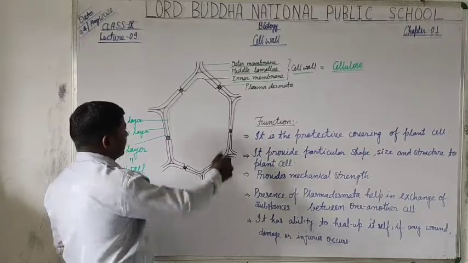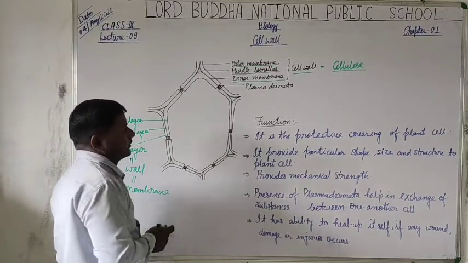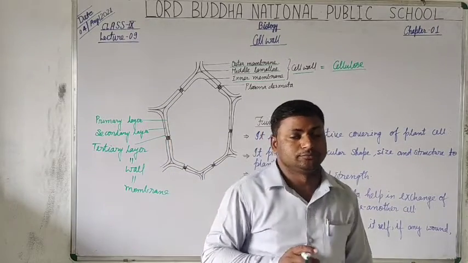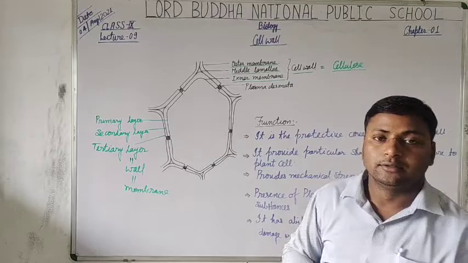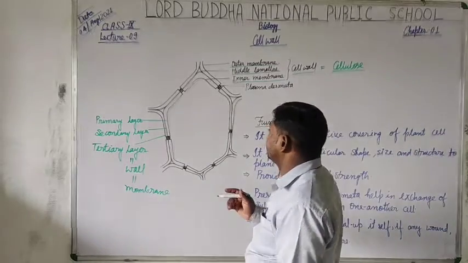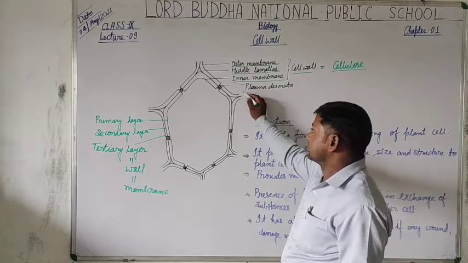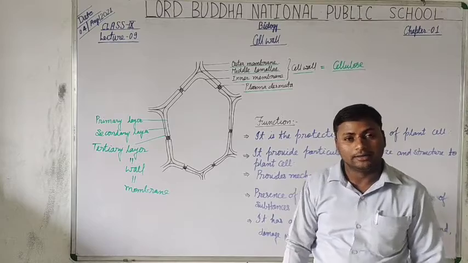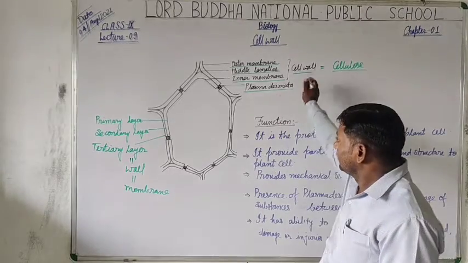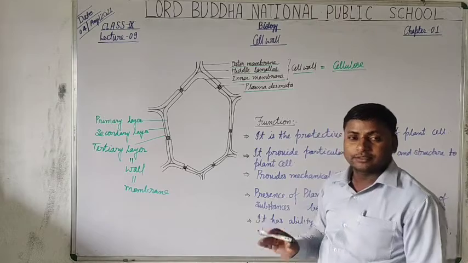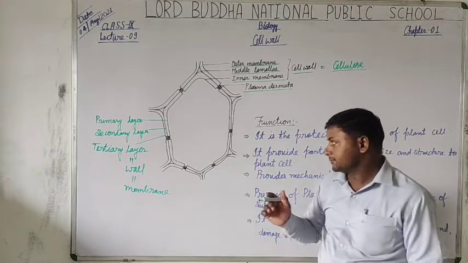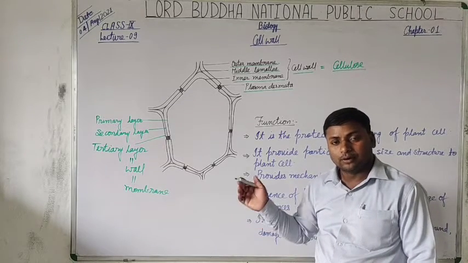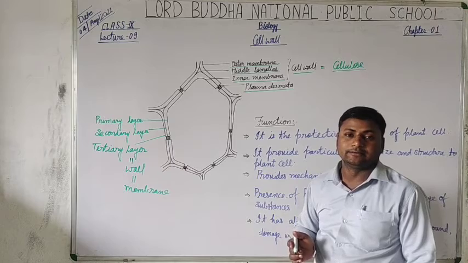And students, in between these 3 layers there are minute openings or pit like structures. These pit like structures are called plasmodesmata. Students, the presence of plasmodesmata helps in the exchange of substances from one cell to another cell.